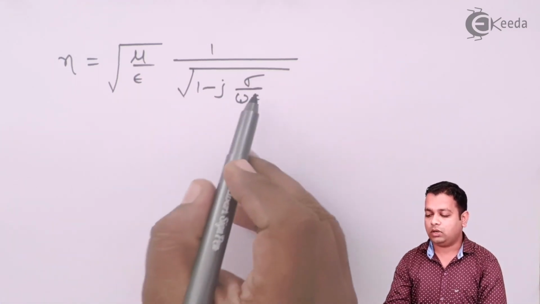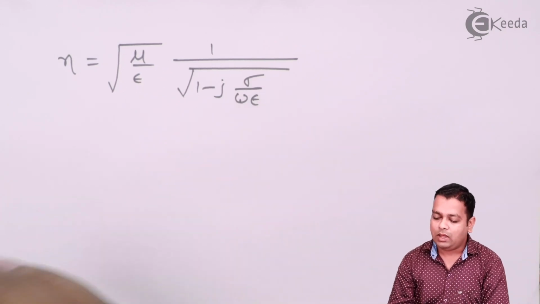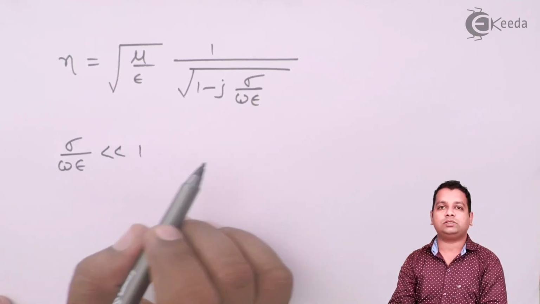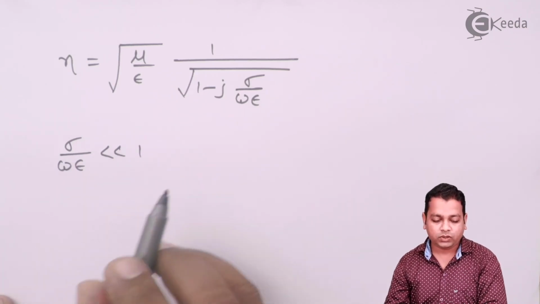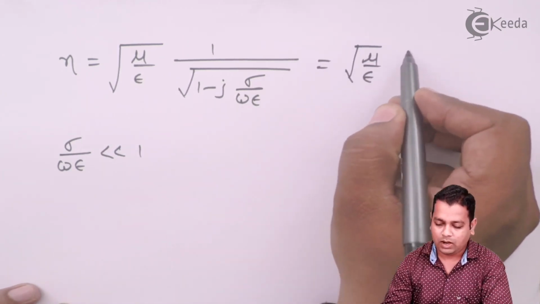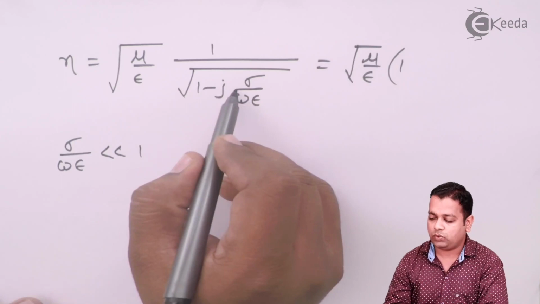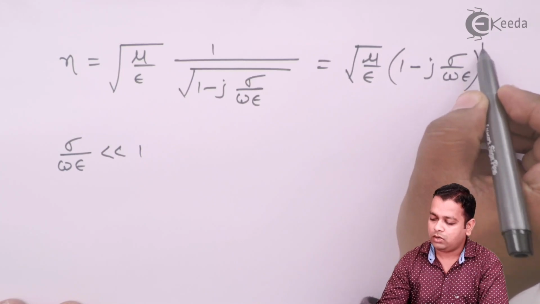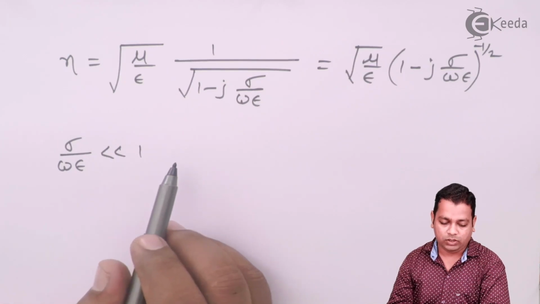Here also the term sigma upon omega epsilon, which we have termed the loss tangent, is present, and we have taken the loss tangent very much less than 1, the medium being a good dielectric medium. So here we represent it as under root mu upon epsilon, and this particular bracket represents the denominator square root term: 1 minus j times sigma upon omega epsilon, with the power minus 1 by 2, as it was in the denominator.